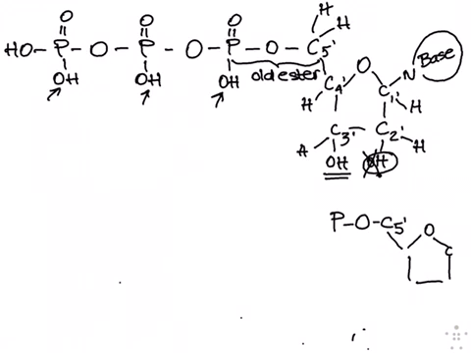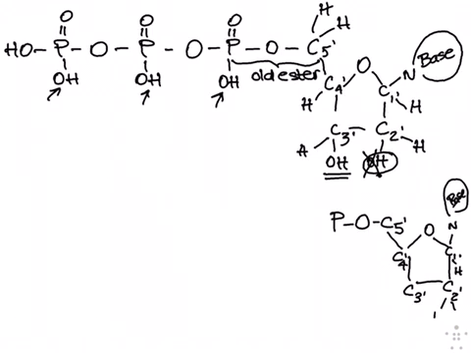So this one has carbon 1 prime, carbon 2 prime, carbon 3 prime, carbon 4 prime, and carbon 5 I already drew. So let's make sure we do it all correctly. At this point, carbon 1 has a nitrogenous base attached to it, and it has 1 more hydrogen.